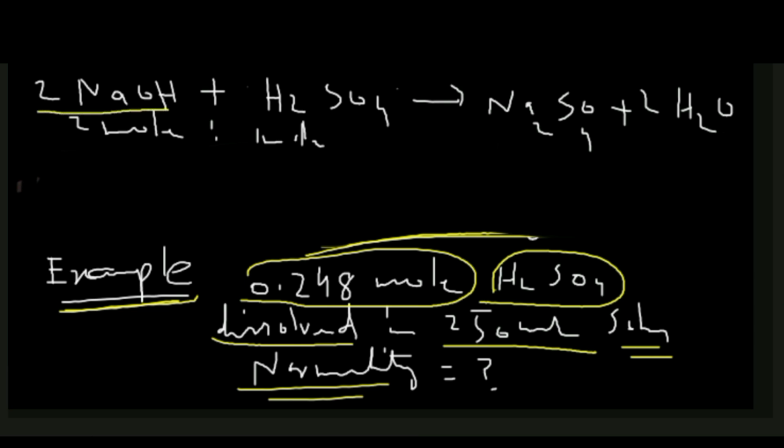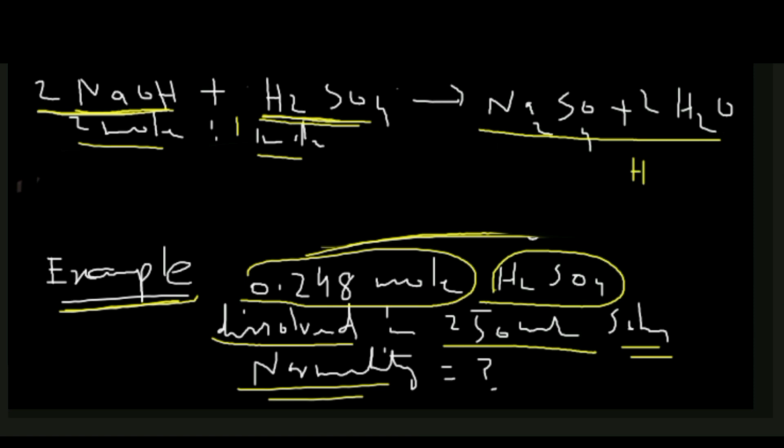Here we have a reaction of sodium hydroxide with sulfuric acid, and it gives the product sodium sulfate in water. So 2 moles of sodium hydroxide react with 1 mole of sulfuric acid. This is an acid base reaction, because sodium hydroxide is a base and sulfuric acid is the acid.